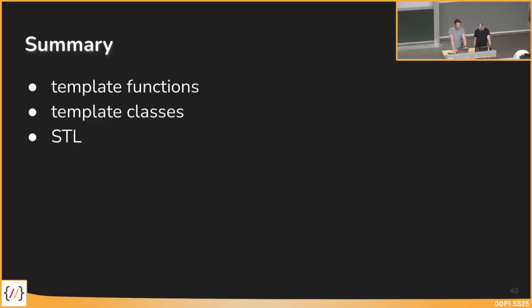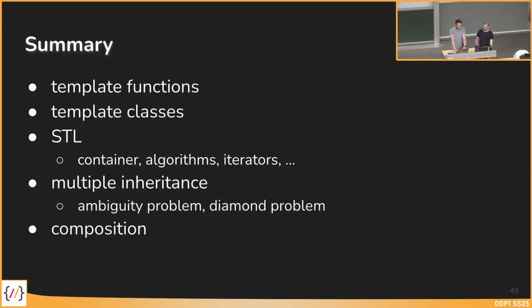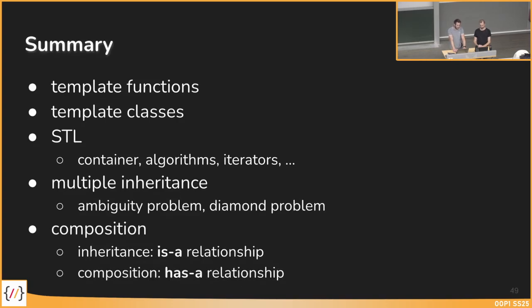Yeah, we had a look at the standard template library with the iterators and containers, and also gave an overview that there are all different algorithms implemented within this library. Then we had a look at the concept of multiple inheritance with the ambiguity problem and also the diamond problem. And last but not least, we had a look at the concept of composition, showing you the advantage in some cases over inheritance, which is the is-a relationship, while composition is the has-a relationship.